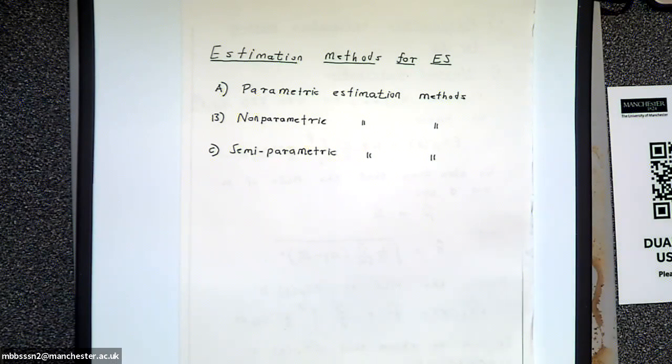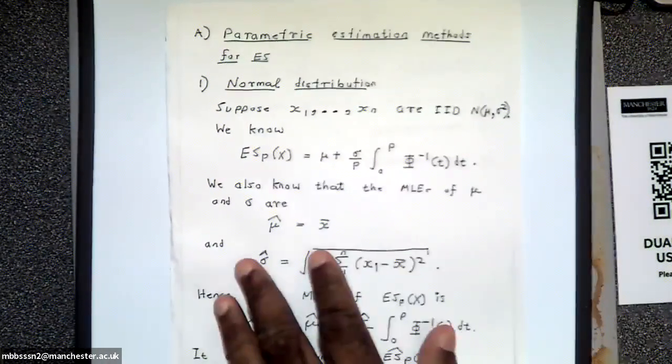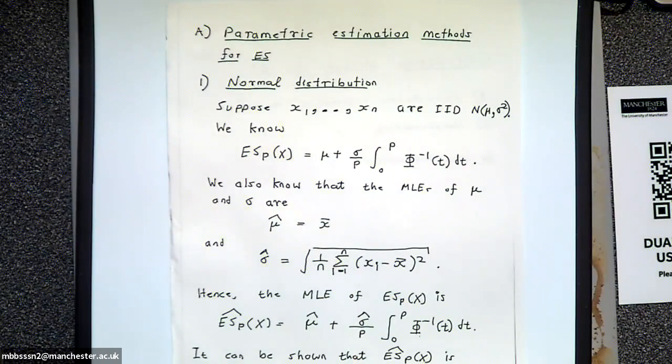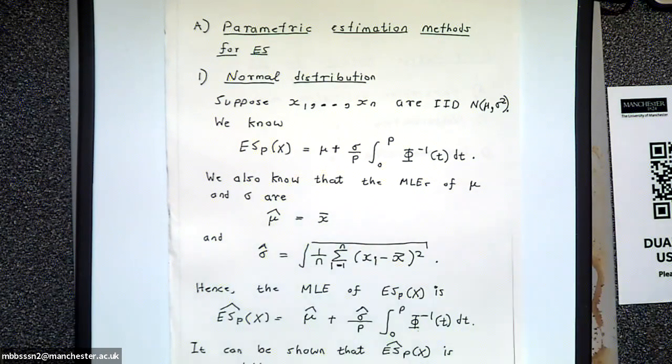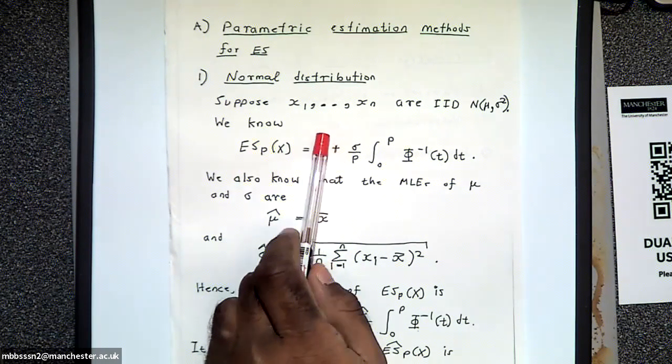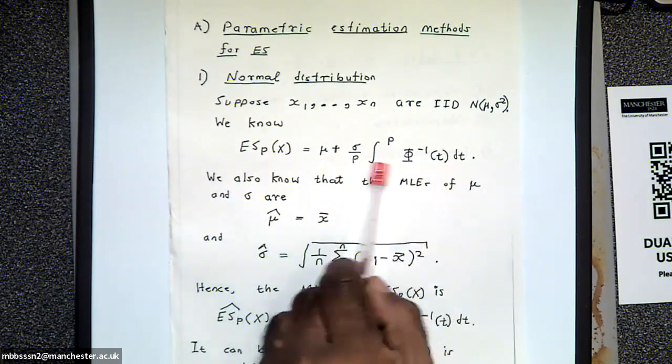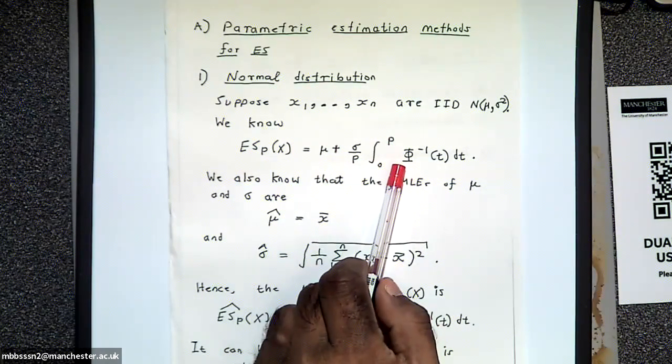All right, let's begin. First of all, I will talk about parametric estimation methods for expected shortfall. The first one is based on the normal distribution, and we know from about 2 weeks ago, I showed you for the normal distribution, the expected shortfall is given by this formula.